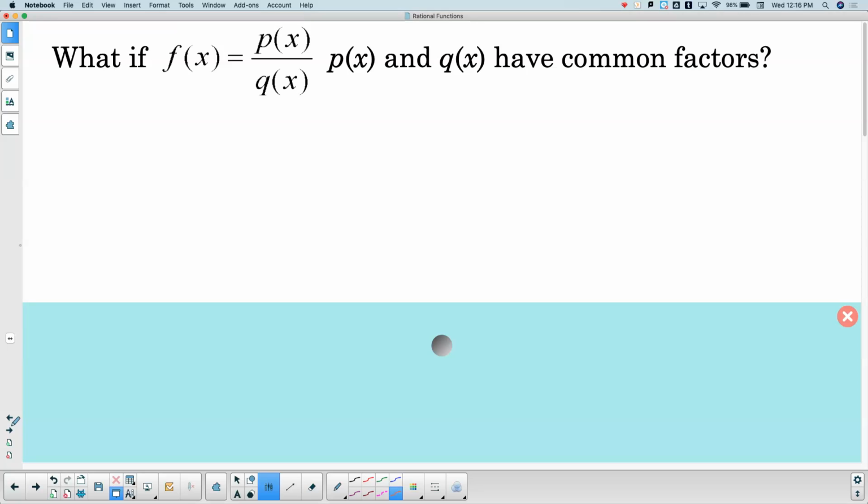So what happens if in f of x, p of x and q of x have a common factor? What happens then? So if I had a fraction, let's say 6/8, what would you do with 6/8? Simplify it how?